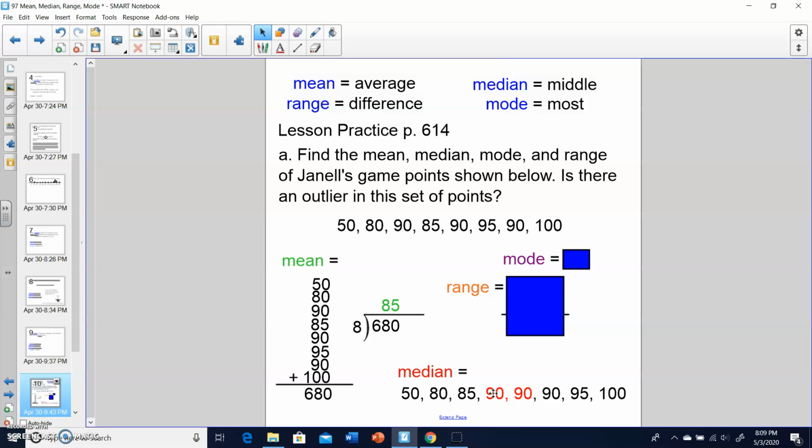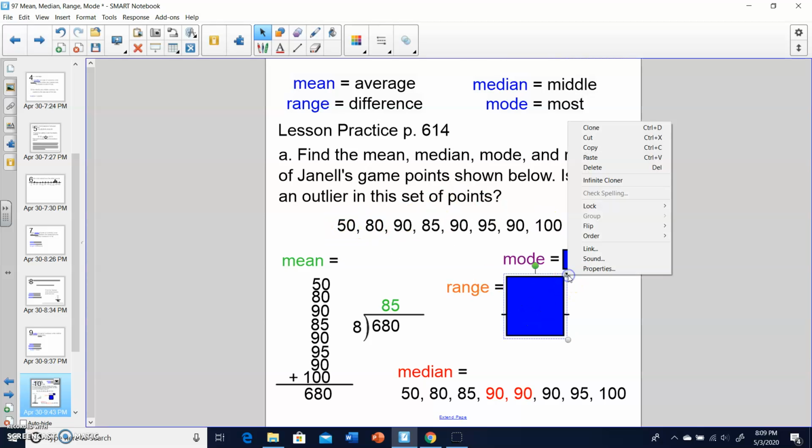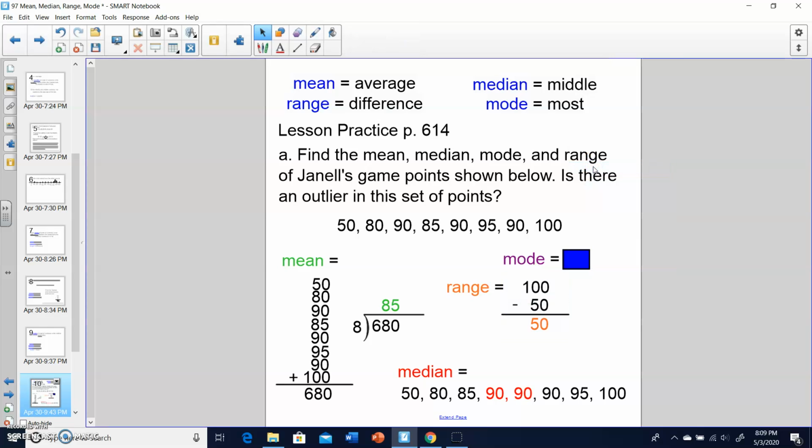All right, go ahead and find the range, which is the difference between the largest and the smallest. My largest number is 100. My smallest number is 50. If I'm finding the range, I'm finding the difference between the two. So 100 minus 50 is 50. So her mean was 85, her median was 90, her range was 50, and mode is the number that appears the most often.